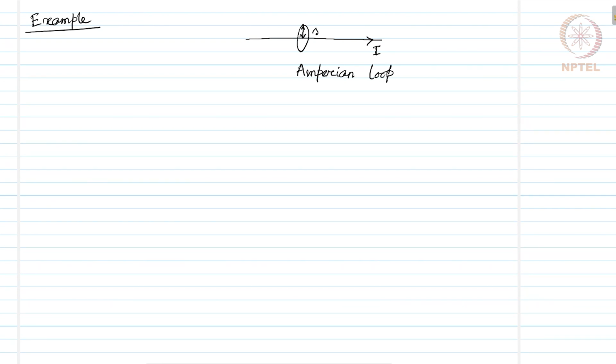It will be I cross r cap. So, I cross r cap will be this kind of a direction, that means radially outward for this Amperian loop, and the line element on this Amperian loop dl prime will be tangential to the loop. So, the magnetic field and the line element, no, they cannot be tangential. Please delete this part.